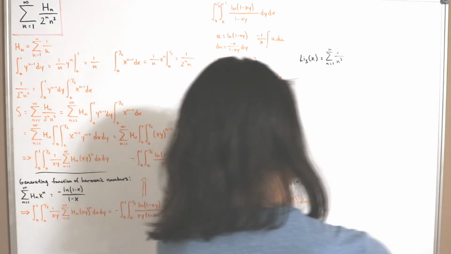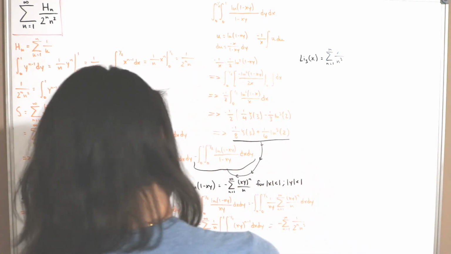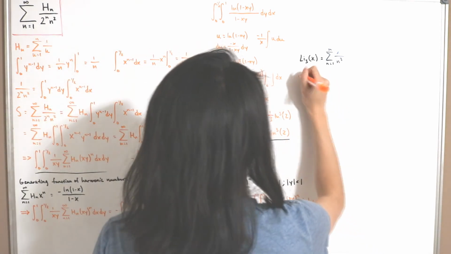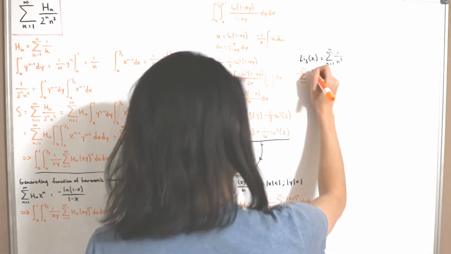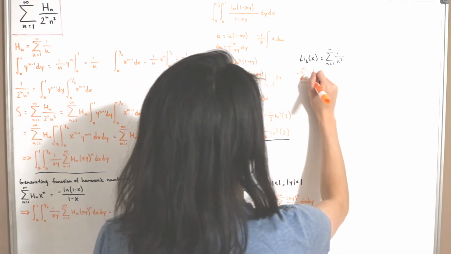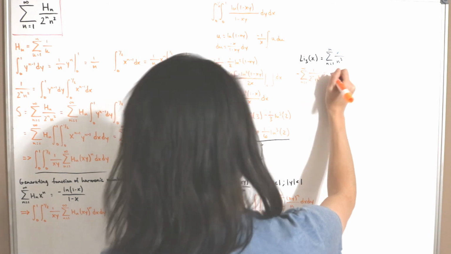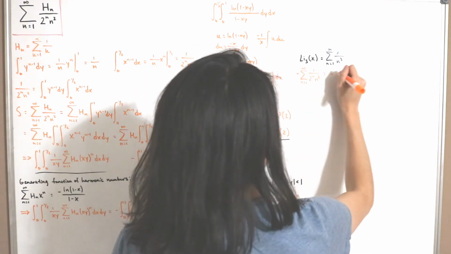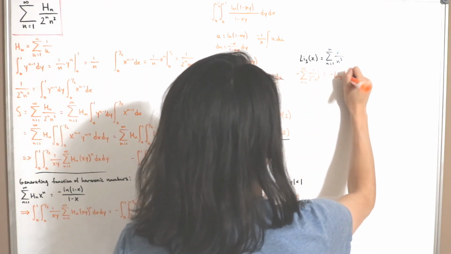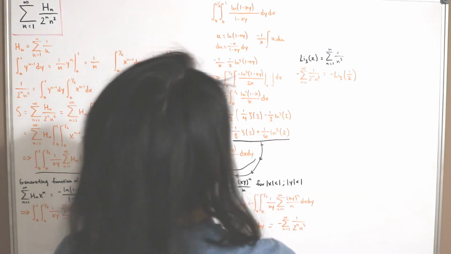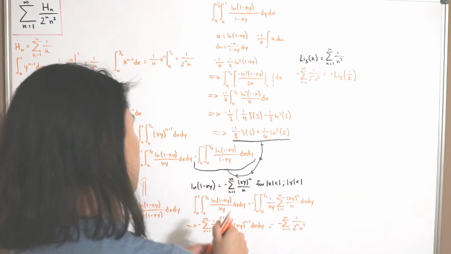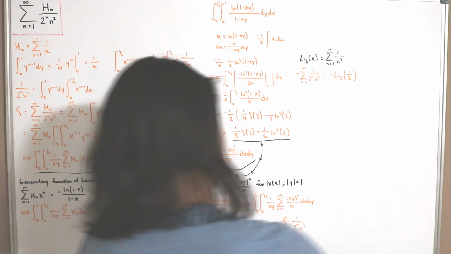Therefore, using that definition, we can say that the negative infinite sum of 1 divided by 2 to the n, then n cubed, is just equal to the negative trilogarithm of 1/2. That's actually basically our evaluated double integral from here.